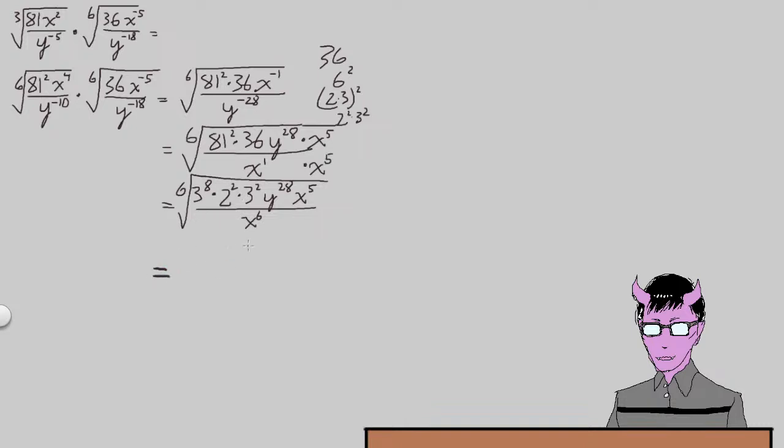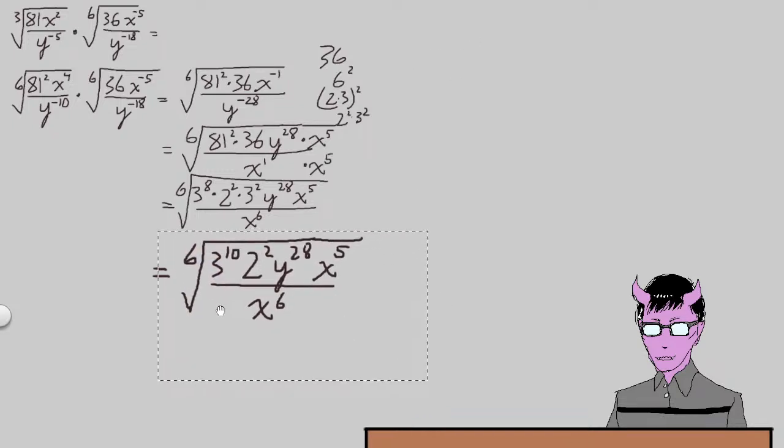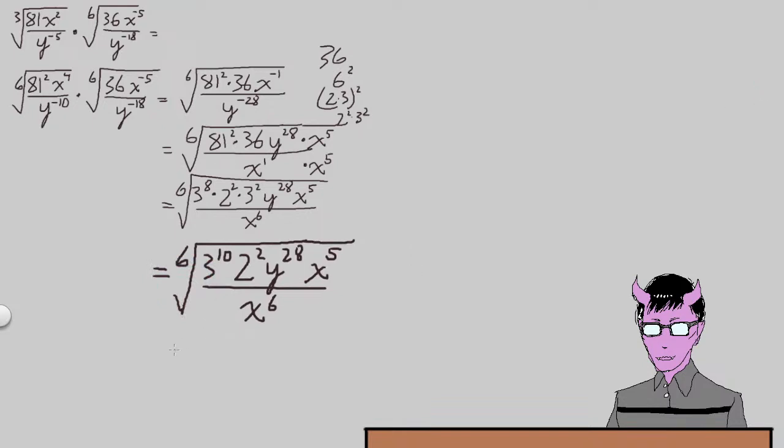So we have the 6th root of, and then we have 3 to the power of 10. I'm going to start yanking values out afterwards. So we have 3 to the power of 10. We have 2 to the power of 2. We have y to the power of 28. We have x to the power of 5. And then lastly, x to the power of 6. I feel that's like a wasted step. That's okay. We do what we must to be clear.